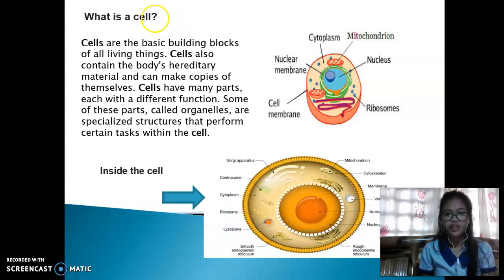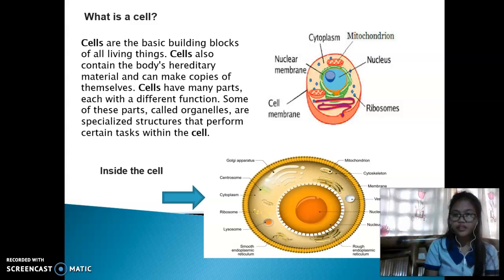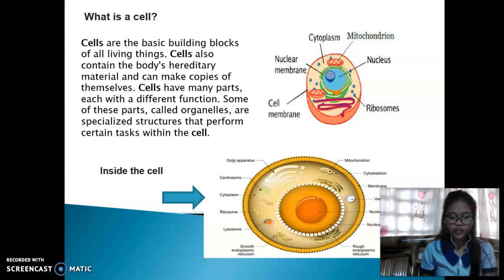This is the inside of the cell. Different cell types can look widely different and carry out very different roles within the body.